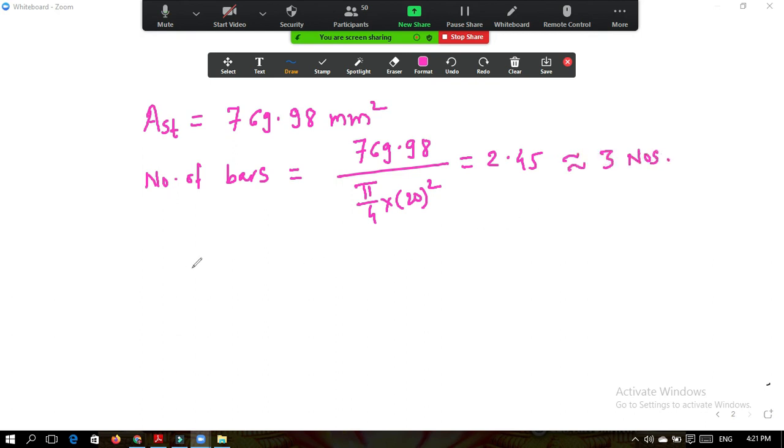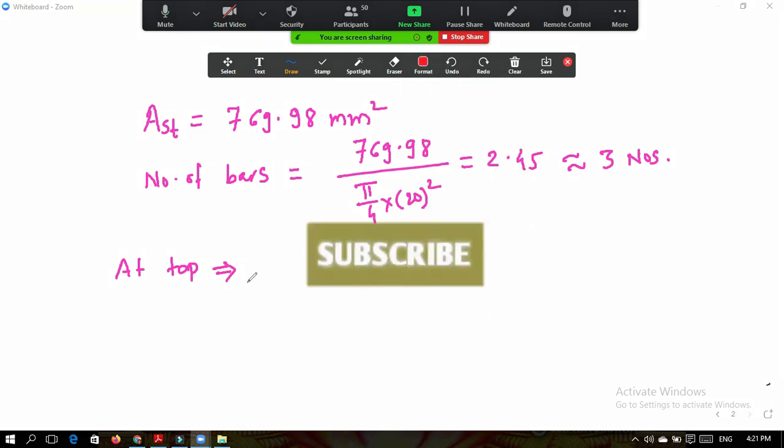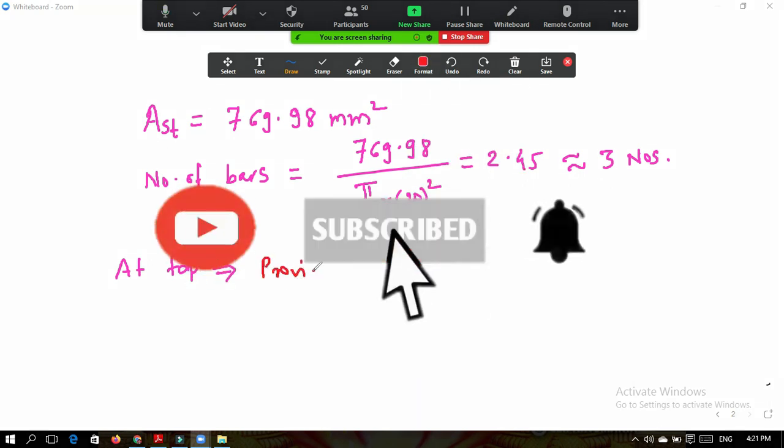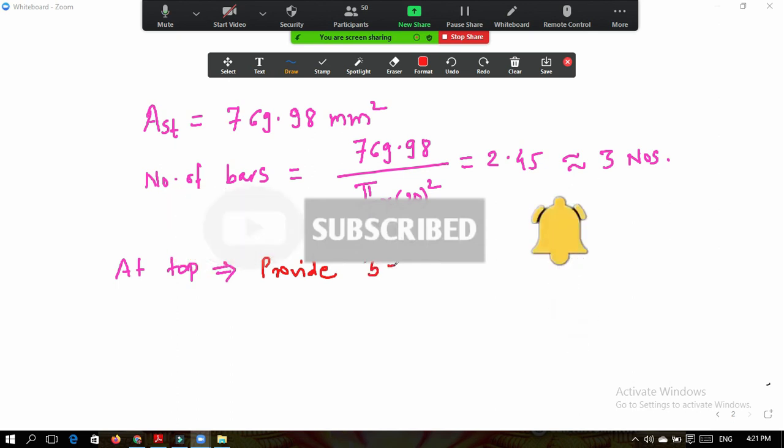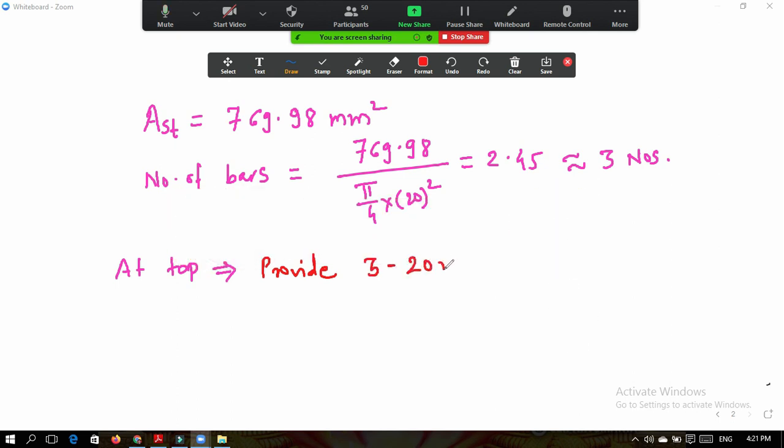So here I can write now at top, provide 3 bars of 20 diameter.